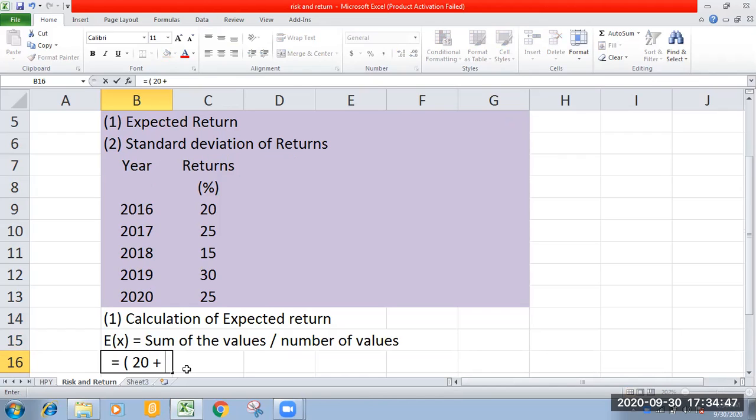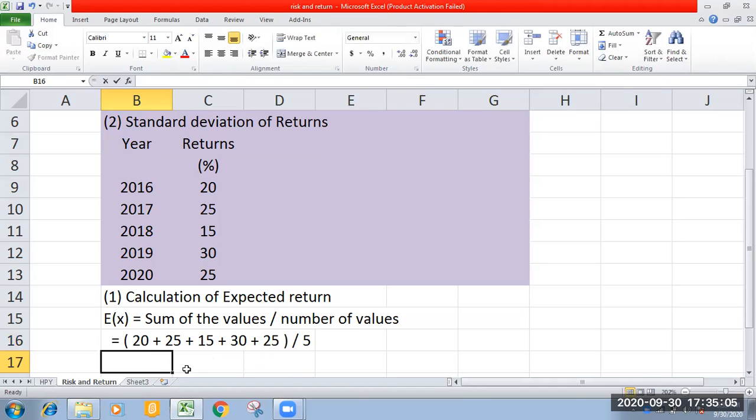expected value of returns. So the values will be the returns themselves: 20, 25, 15, 30 plus 25, divided by the number of values. We have taken 5 values, 5 returns.